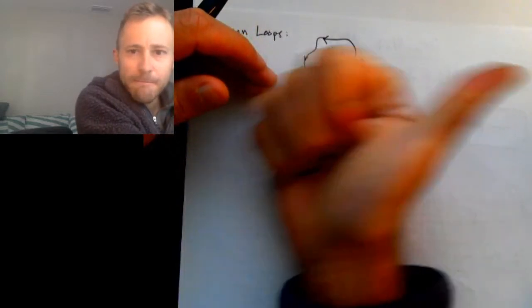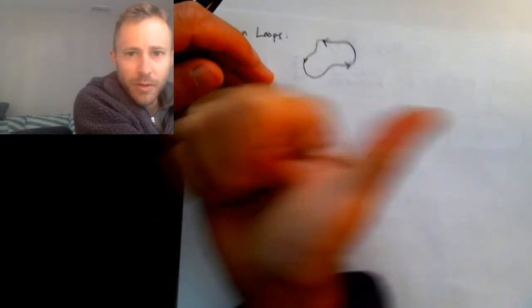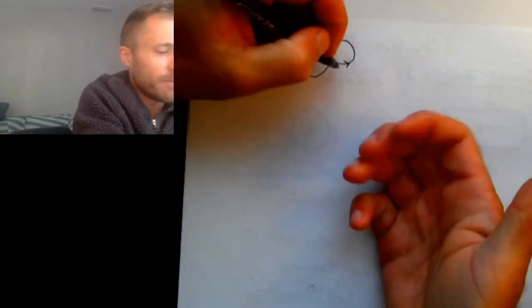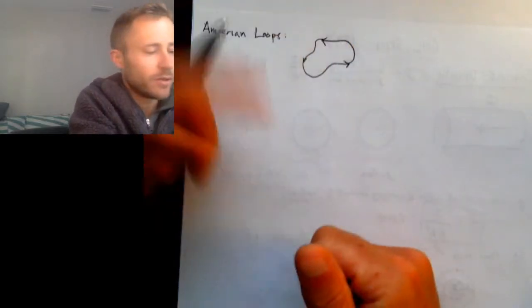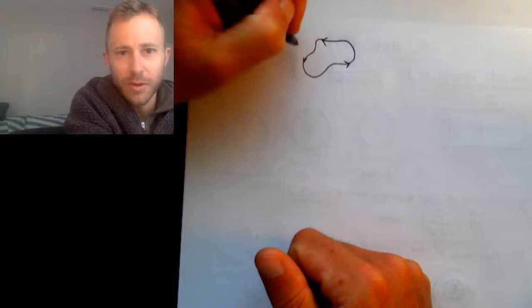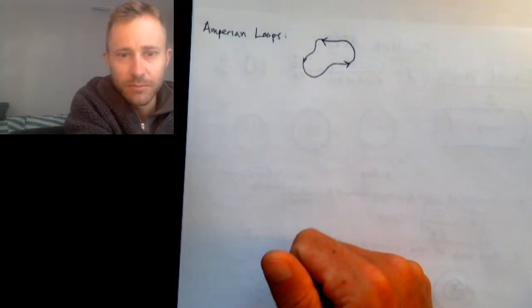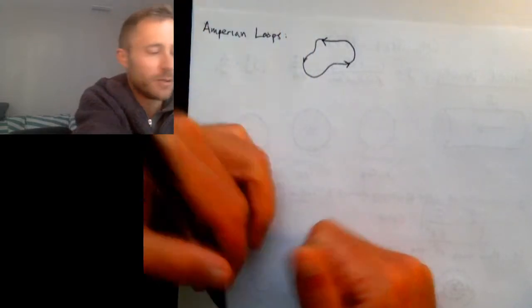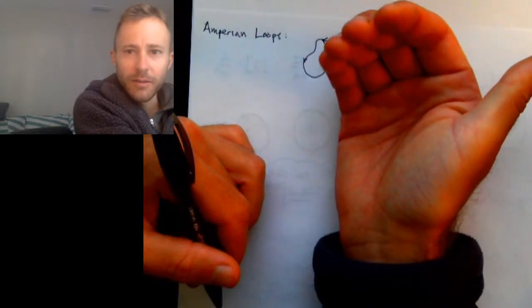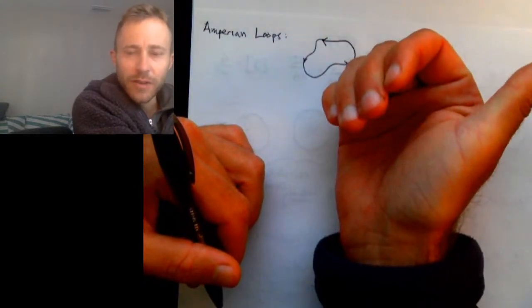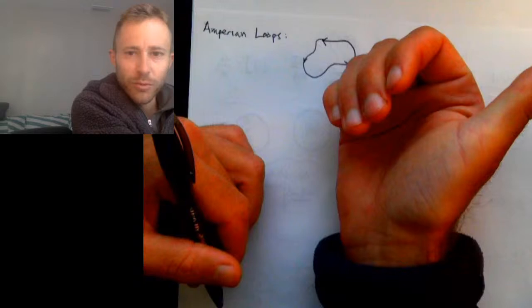I put my thumb in the direction of the lasso flow, if you will, and the way that my fingers curl defines the positive sense through the loop.